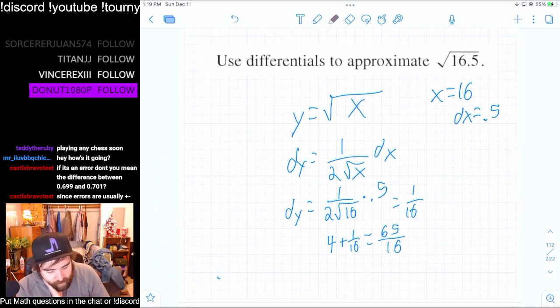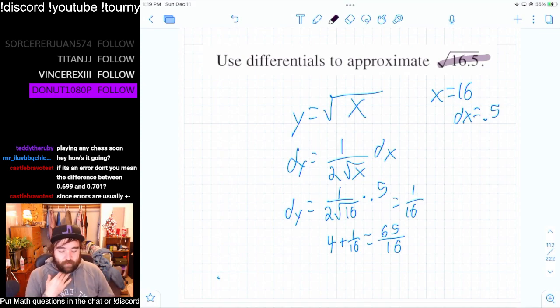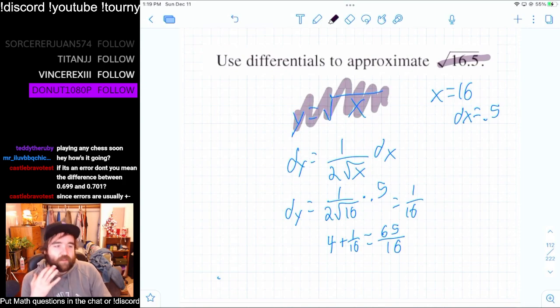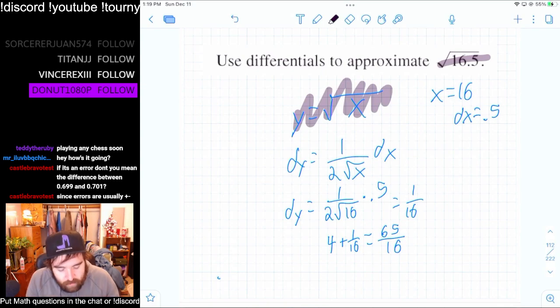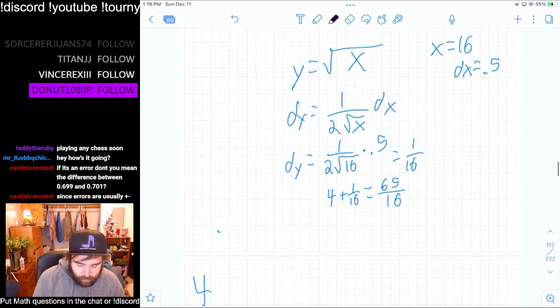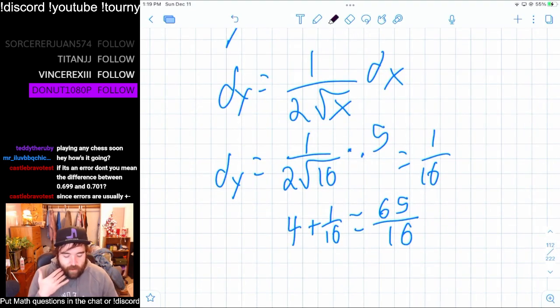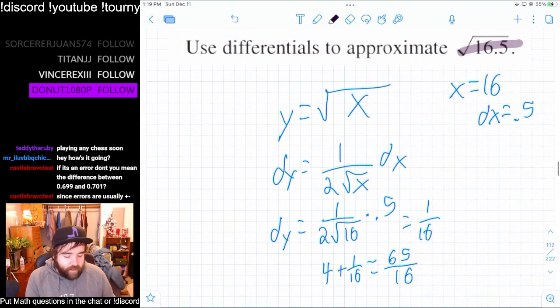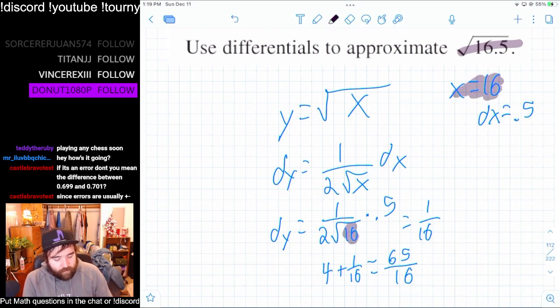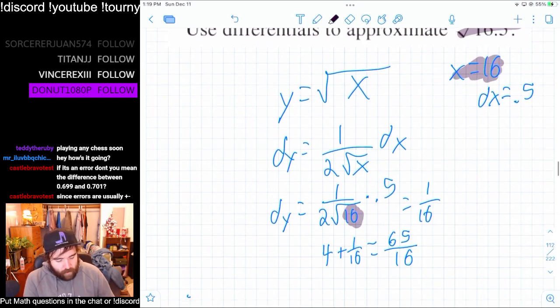So you see how it was the square root. We were trying to approximate the square root of 16.5, and so I knew we were using the square root function. So I started with that one. I took the differential and used dy and dx, which is just the derivative. Then I used a nice x value that I knew, 16, and that was my starting point.